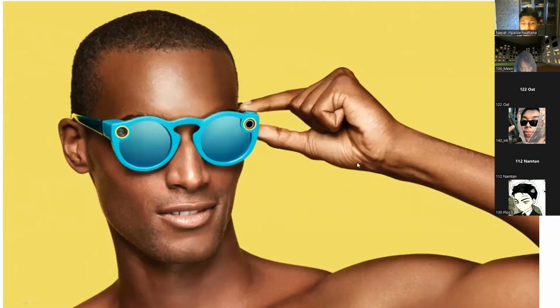And next one, this one is what they call Google Glass, okay? Google Glass. So, it can basically take you anywhere in the world with the VR technologies, right? So if you wear this glass, it can take you to anywhere that you want to see.